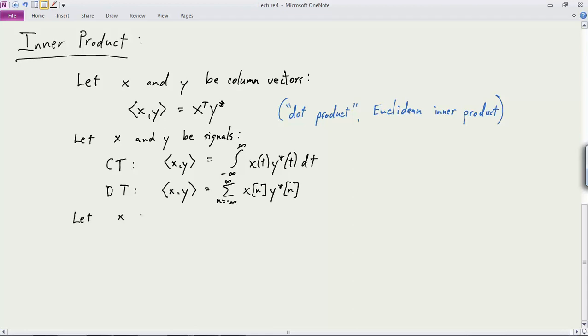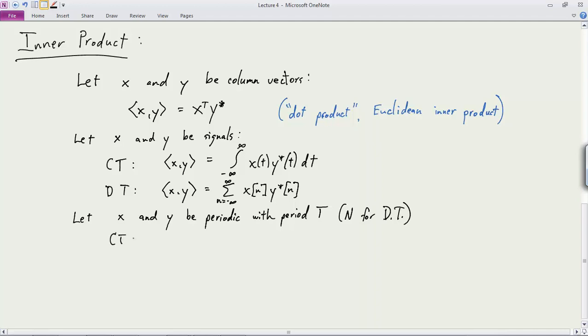All right, we are going to define one more inner product because, like I said, there's not just one definition of an inner product, even for the same domain. So if x and y are periodic, let's say both with the same period, with period T, or N. I like to use capital N for the period in discrete time.